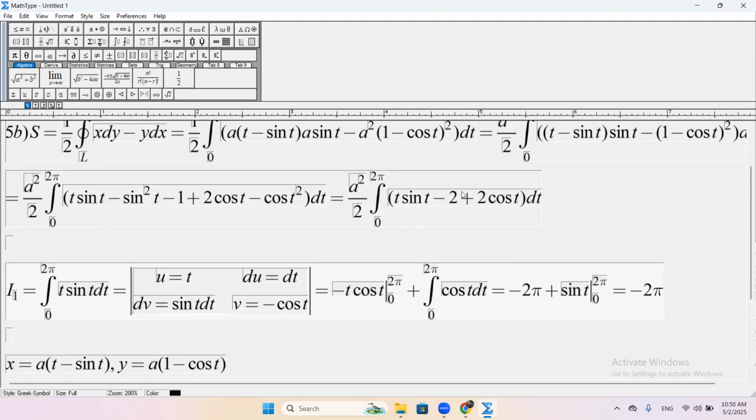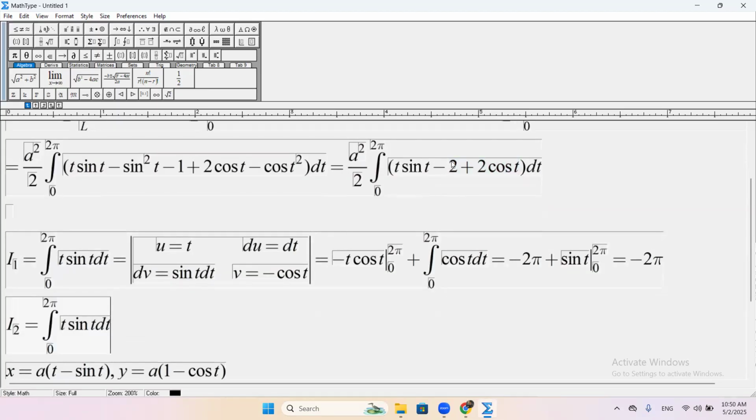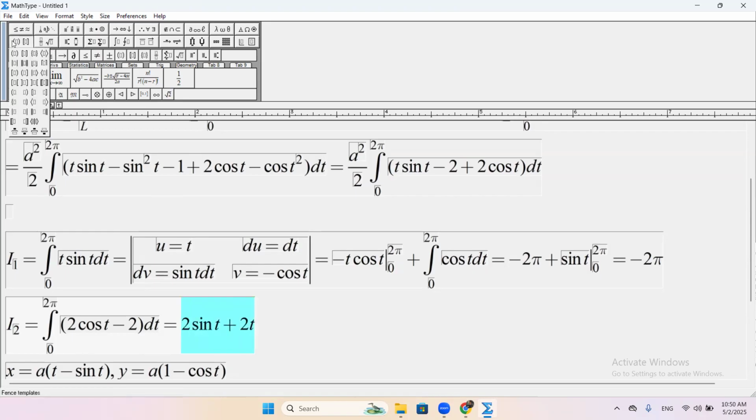Let's calculate separately this integral, I2. We will integrate 2 cosine of t minus 2 dt from 0 to 2π. So it will be 2 sine of t plus 2t with substitutions from 0 to 2π.